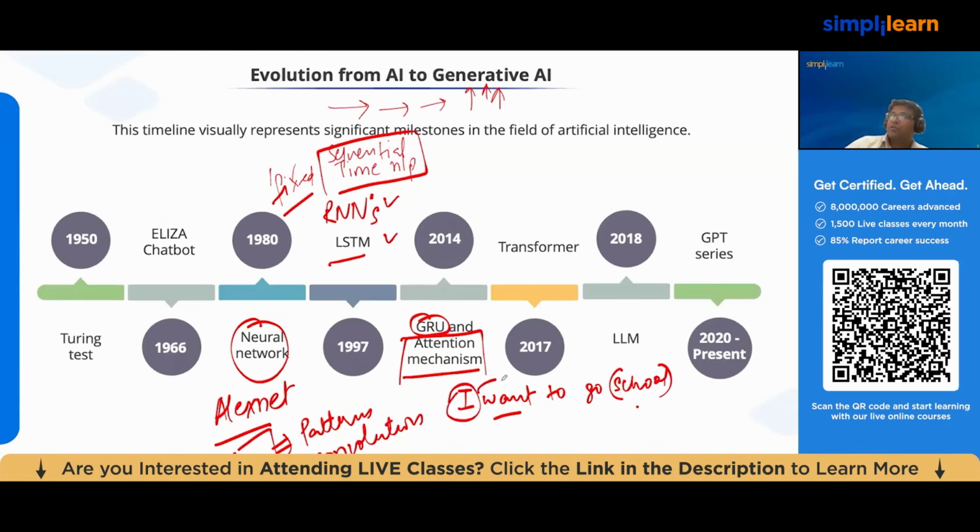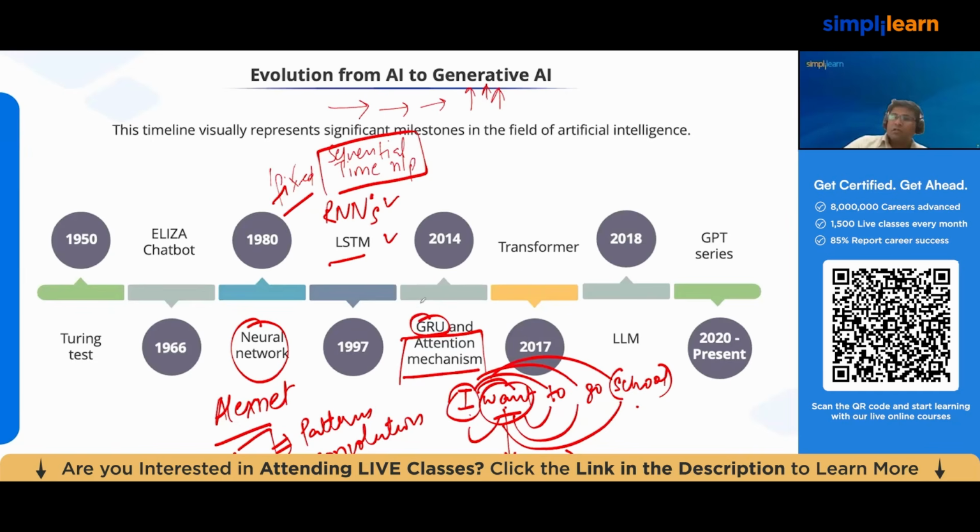Let's say, for "I", how much importance is it having with respect to the others? This is how we provide some attention or weights, with which we can decide that this word or that word has higher importance. That was the purpose of the attention mechanism: to give importance to a particular word.